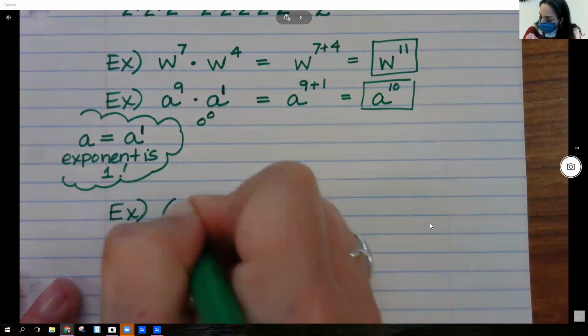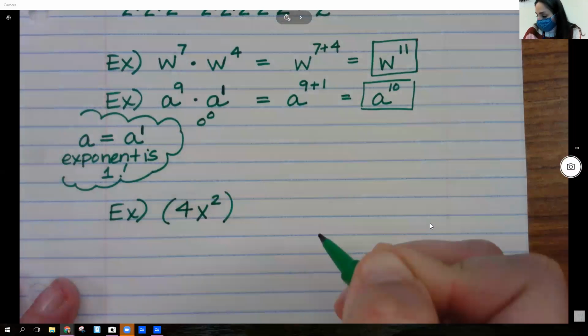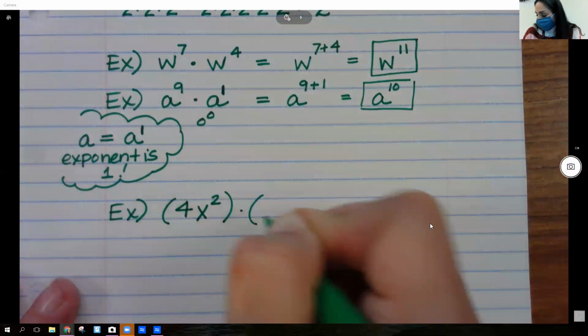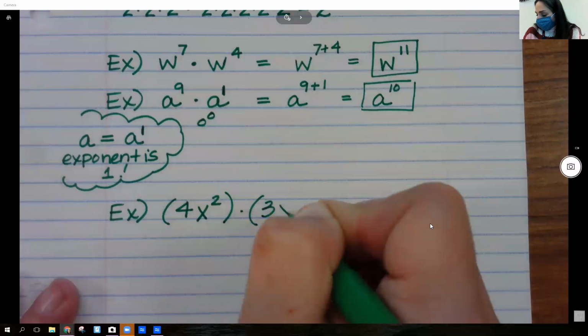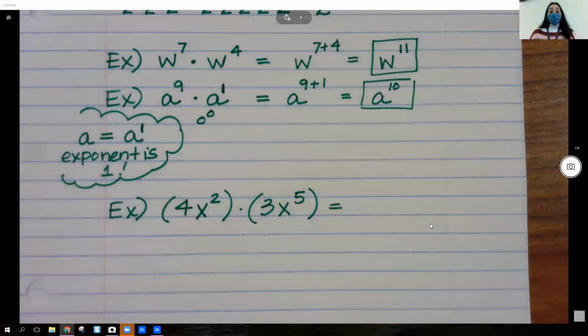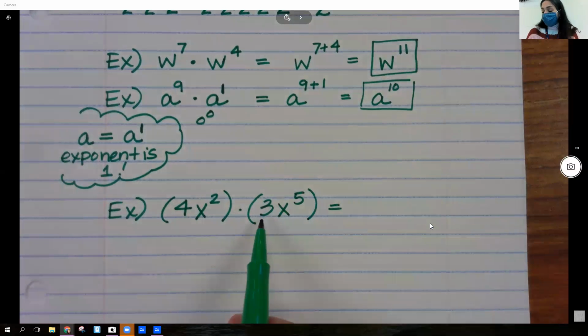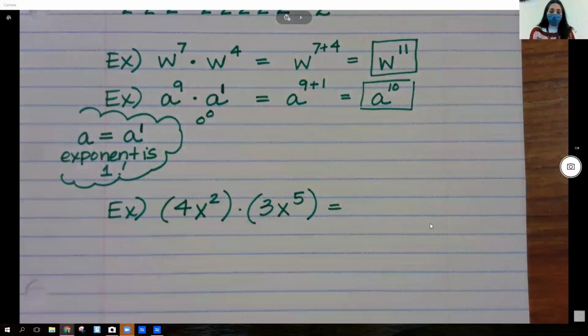How about 4x squared times 3x to the 5th. So this one's got exponents and you have numbers in the front. These numbers in the front are called coefficients. So those are just plain old numbers, guys.